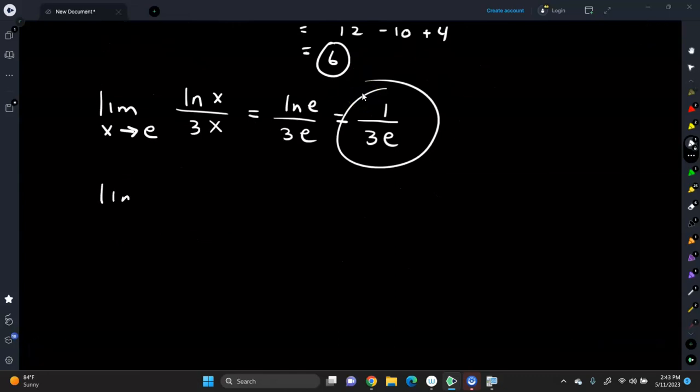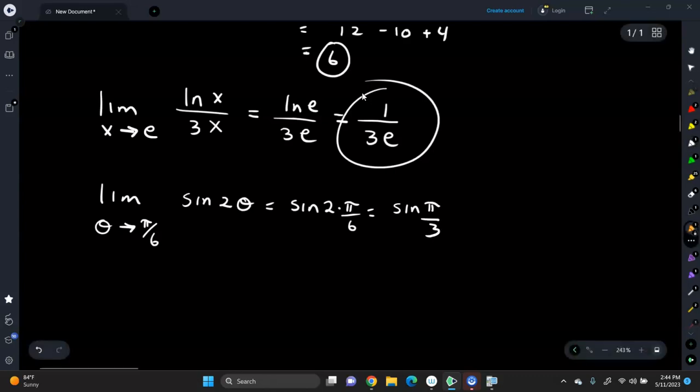How about the limit as theta approaches pi over 6 of sine 2 theta? Well, that'll be sine 2 times pi over 6, which is sine pi over 3.